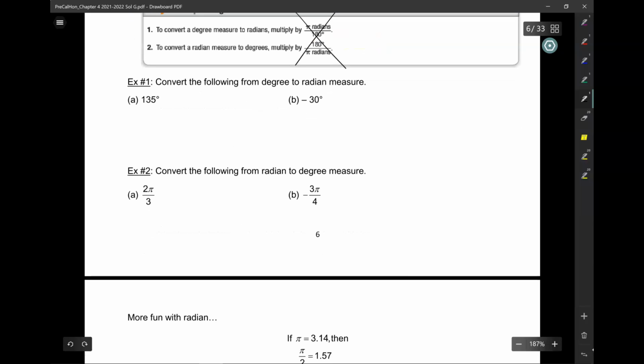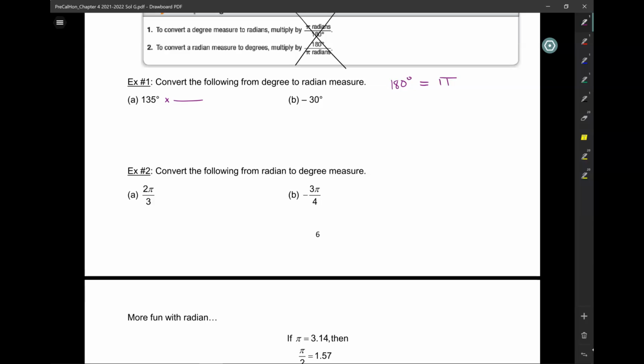Okay, so now I have to convert this into radian. Well, whenever I'm converting anything, I do times fraction bar. Now, what's the relationship between radian and degree? Well, 180 degrees is the same as pi. So, here I have degrees in the numerator.